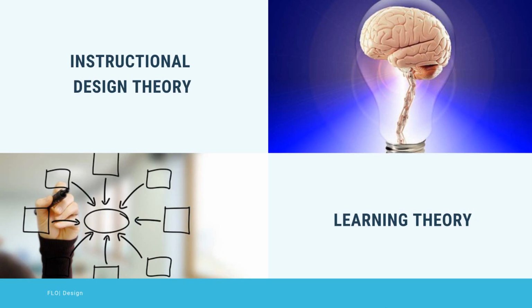Please be mindful of the fact that instructional theory is different from learning theory. A learning theory describes how learning takes place. It's in the name, right? Self-explanatory. While an instructional theory prescribes how to better help people learn.